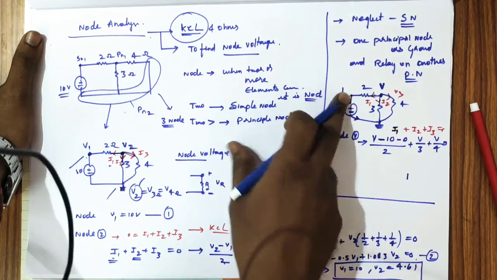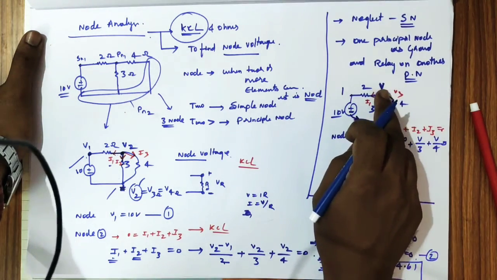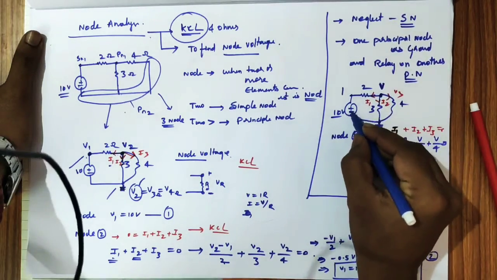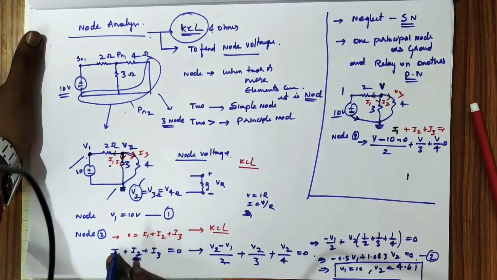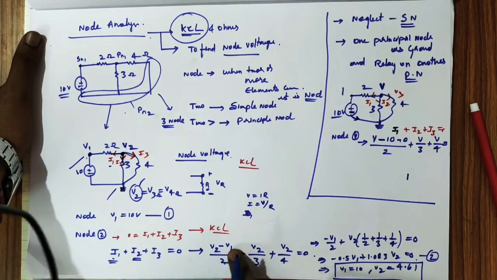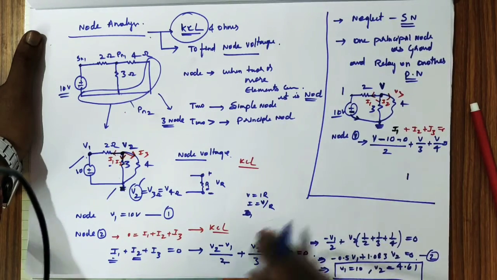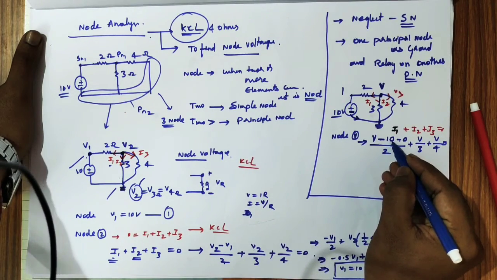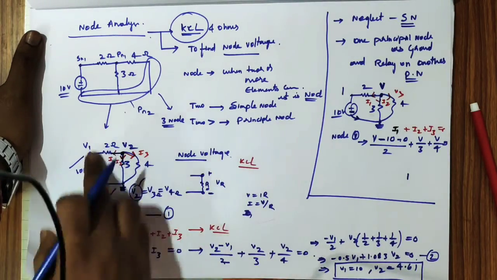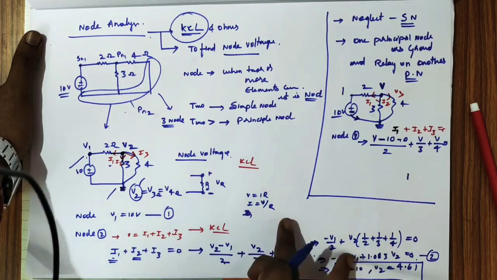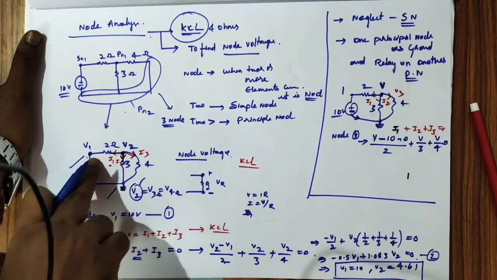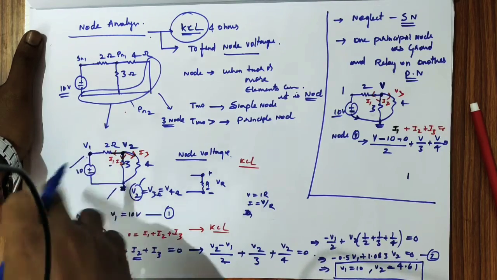By neglecting the simple node, the I1 current we get is V minus 10 over 2. Otherwise, you would get V2 minus V1, where V1 is again 10. So in spite of taking a simple node, you would get another equation.